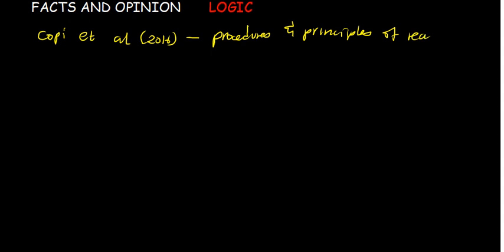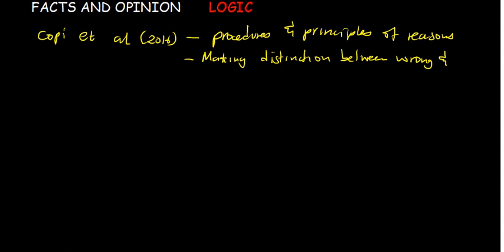For you to be able to reason, any procedure and any principle that you are going to use to reason, that is the logic. So procedures and principles of reasoning concerned with making distinction between correct and wrong. Any procedure, any principle concerned with making distinction: what's the difference between what is right and what is wrong? Whatsoever that you can use, that is your logic.